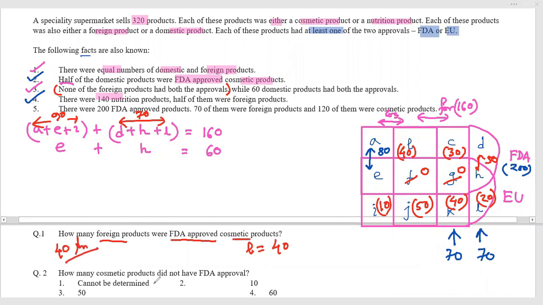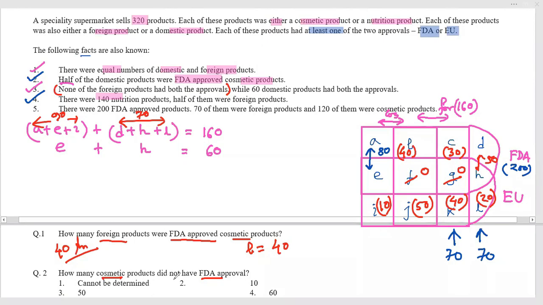Second question: how many cosmetic products did not have FDA approval? Cosmetic product, FDA approval is not there. So it should be this much.